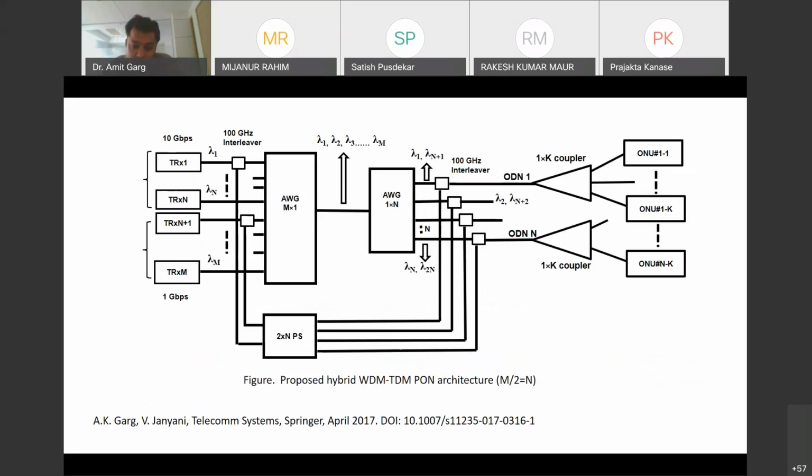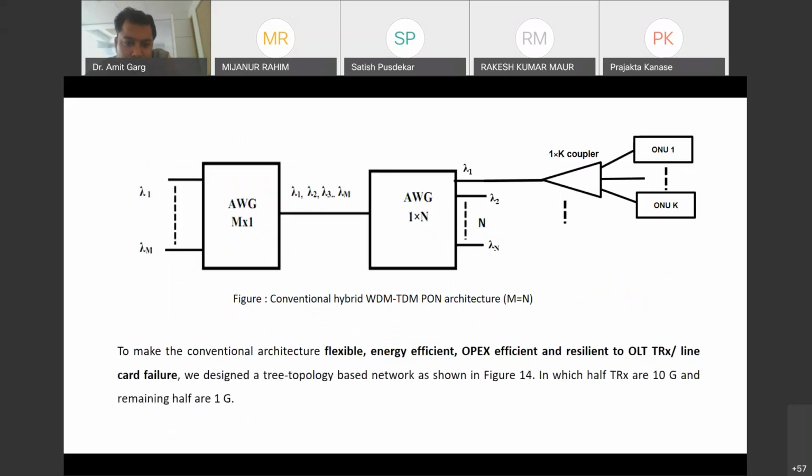Okay, so this is one architecture. So what is happening here? I have just given you this idea of the simulation of the system. If the order of the central office AWG and remote node AWG is the same, suppose we are transmitting 8 wavelengths from here, then we'll get the 8 wavelengths here.